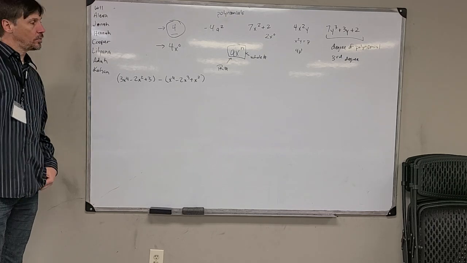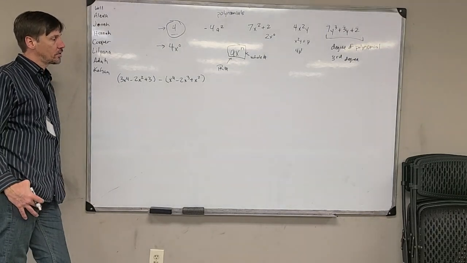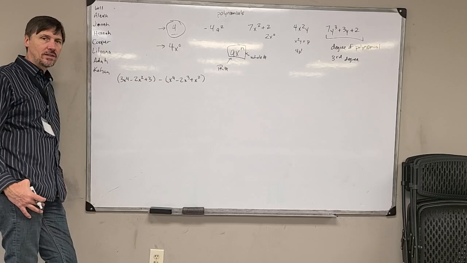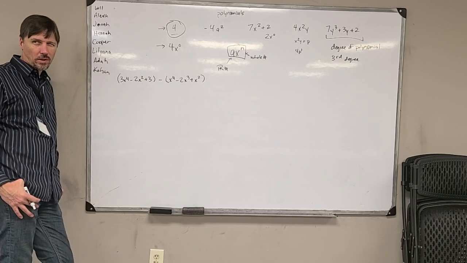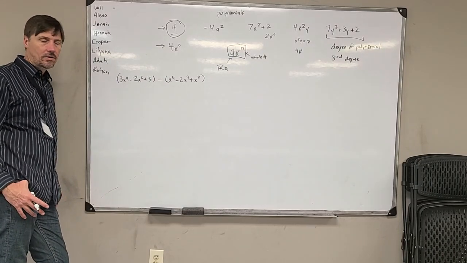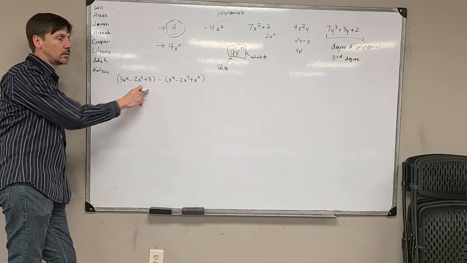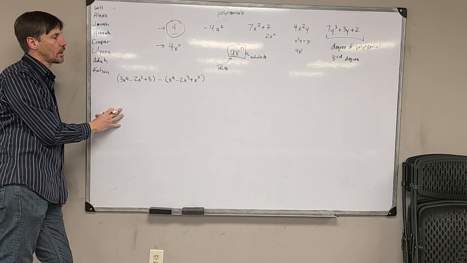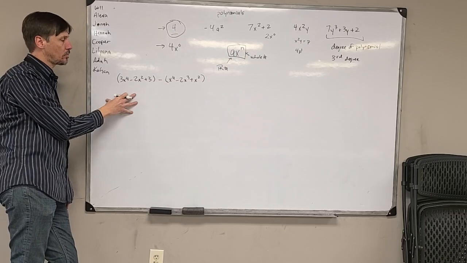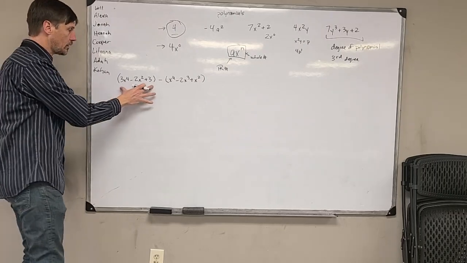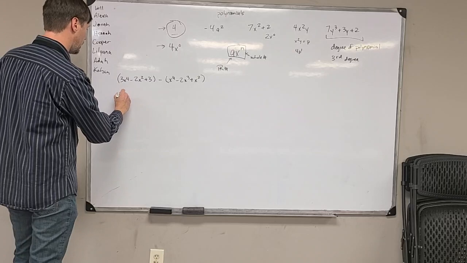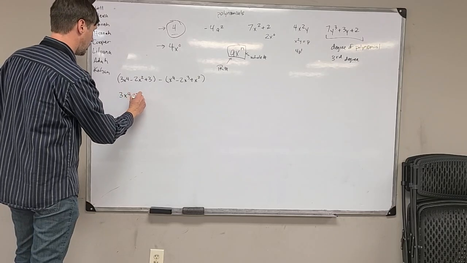Now here's what I want you to do with this. The first thing that I want us to do is to get rid of these parentheses. It wasn't as important in the last one because everything was added together. It's crucial in this one because we're subtracting, okay? And so if we're going to get rid of the parentheses, this one there's nothing in front of, so I don't have to do anything. I could just rewrite this guy here.